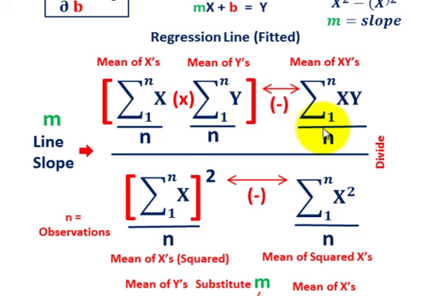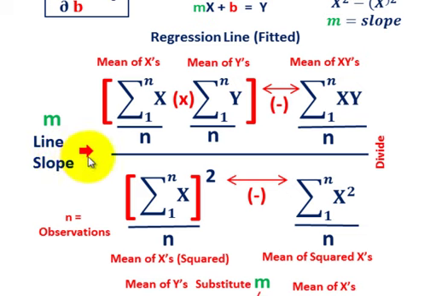Then that quantity is divided by the mean of the x squareds minus the mean of the squared x's. The big thing is trying to understand your formula when you're talking about those different means, and if you look at it in terms of the summation sign, you can understand what's going on. So that's our m, the slope of the line.